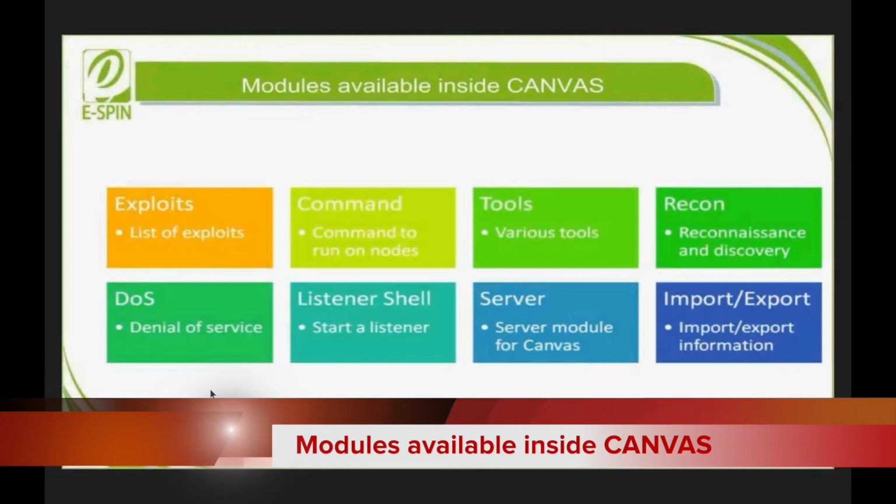It has various tools, like importing vulnerability scanning results from some of the common well-known scanners. If you know enough, you can further extend it with the CEP, the Canvas Exploit Pack. It has tools for recon and discovery of IPs, auto access and so on. Some exploits concentrate on denial of service.